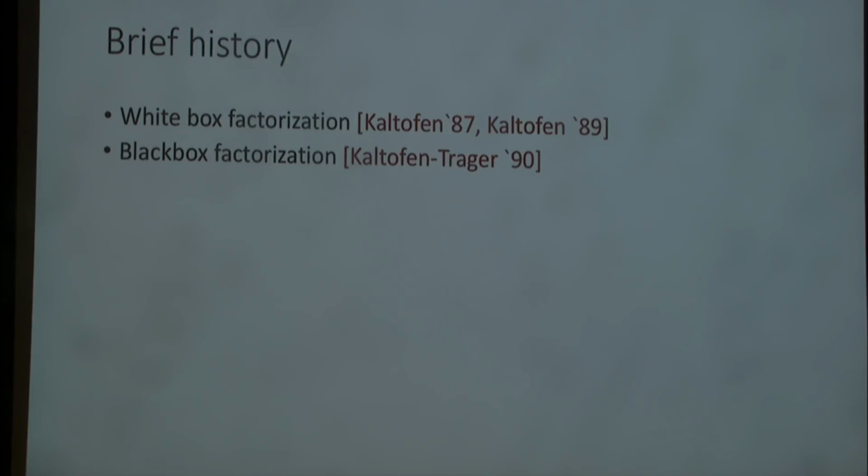In again a beautiful sequence of works, Kaltofen gave a randomized white box factorization algorithm for polynomials. Given as input a small arithmetic circuit, he gave a randomized algorithm for outputting small circuits for the factors of the polynomial.